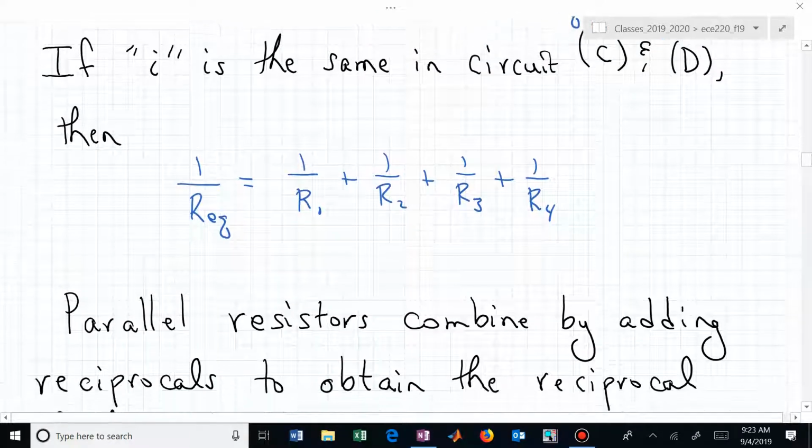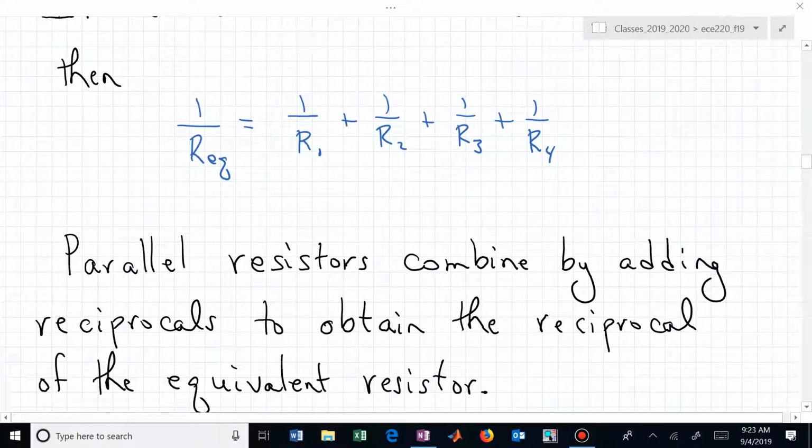Or, stating that, we can say that parallel resistors combine by adding reciprocals to obtain the reciprocal of the equivalent resistor.